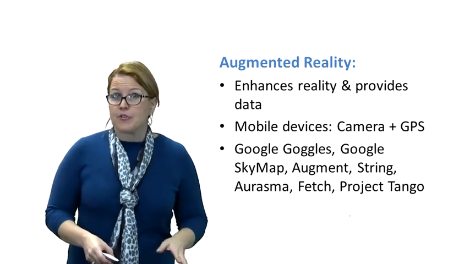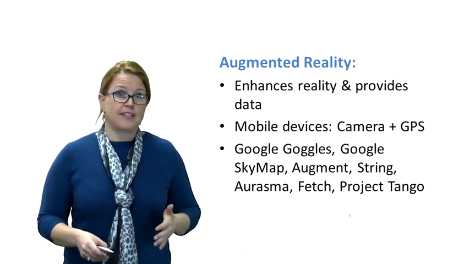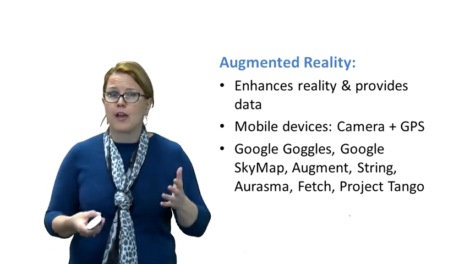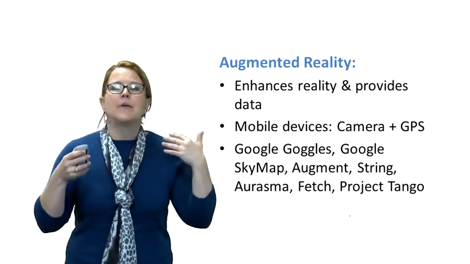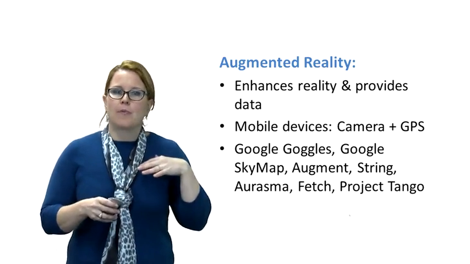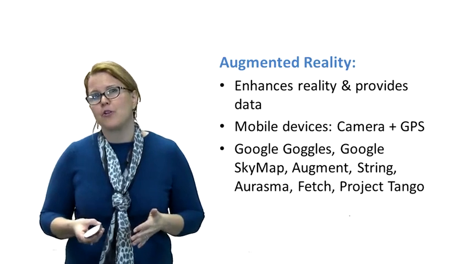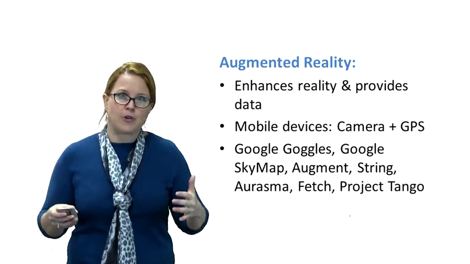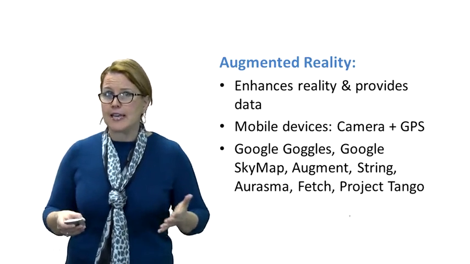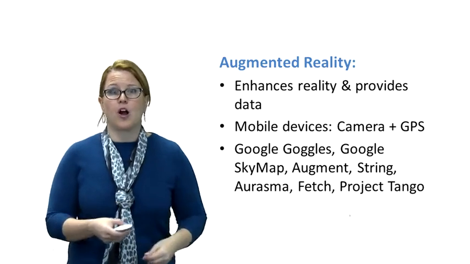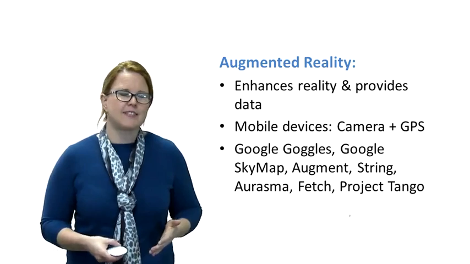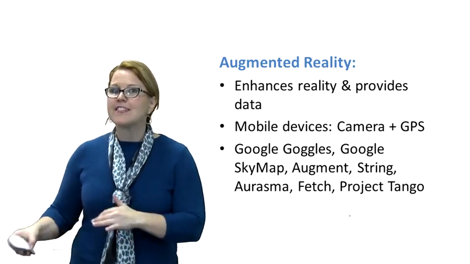Types of apps that you can find on your mobile devices are things like Google Goggles, Google Sky Map, Augment, String, Fetch, even Project Tango, sponsored by Google, that's about not only creating easy environments to use augmented reality in, but actually open sourced augmented reality tools so that you can build it into other technologies. That's probably more for your advanced students.